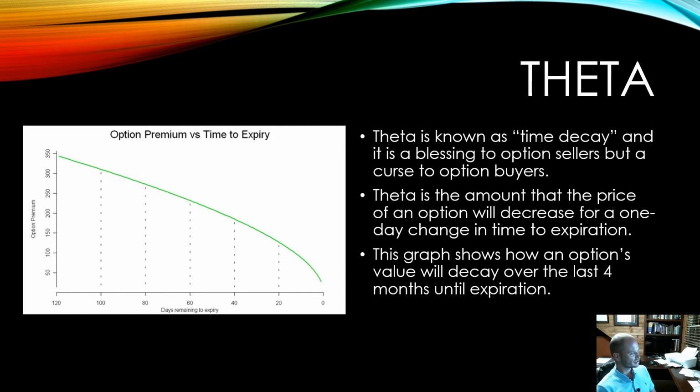So what theta is, it's the amount that the price of an option is going to decrease for a 1-day change in time to expiration. And so options are continually decaying. They are all the time trying to go to 0.